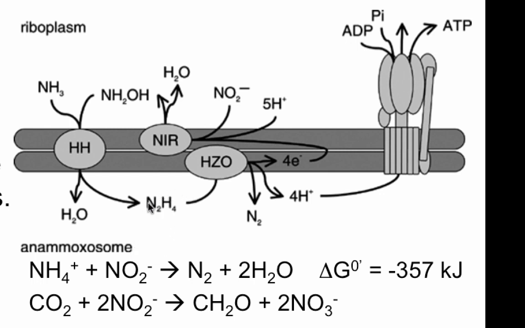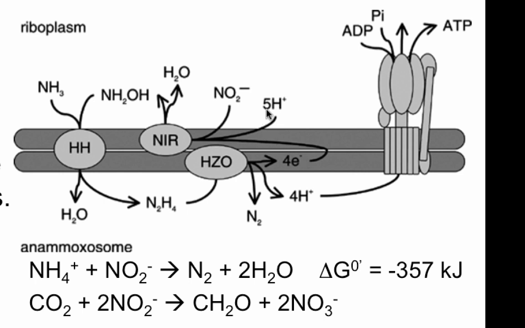Now, hydrazine is going to donate its electrons to the enzyme HZO, and by a series of reactions, you're going to produce 4 protons and a nitrogen gas molecule. 4 electrons are also going to be donated.